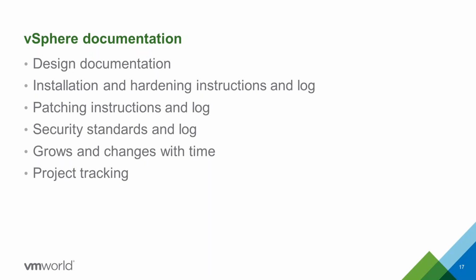Patching sounds easy just because VUM is kind of easy to use, but when a patch was released, when a host was patched, and the log about it is something that certain auditors require for you to pass some certifications. Other things, security standards, all of these things grow and change with time. And any project tracking that you have, all of these are just a sample of what could count as vSphere documentation, things that the VMware administration team is in charge of and is expected to be able to produce.